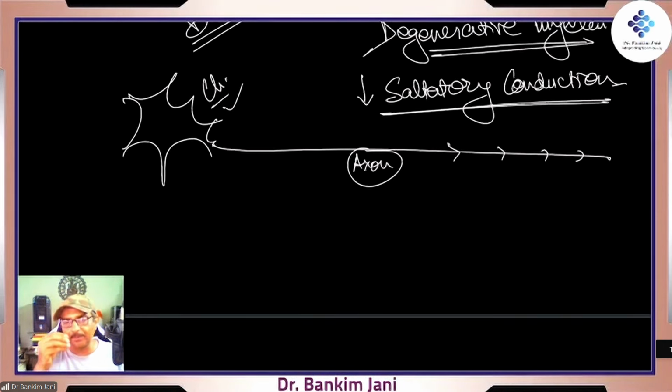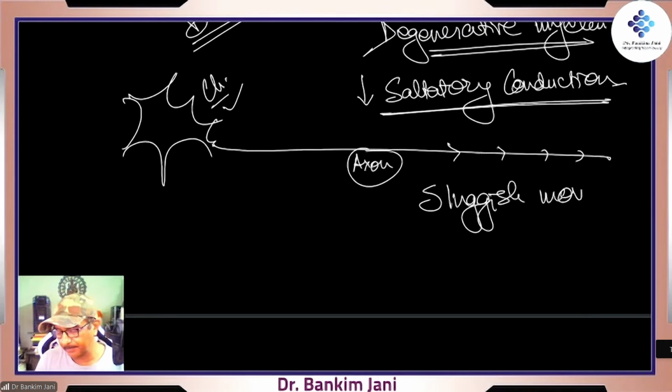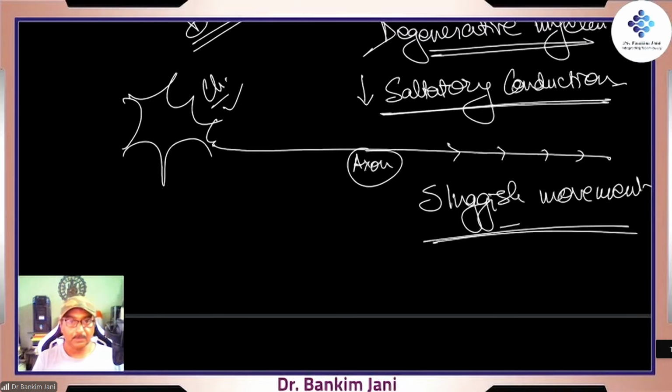The hand movements would also be like this, as if you are watching the whole movie in super slow motion, super slow motion. So that is what leads to what is called the sluggishness. That's the importance of myelin.